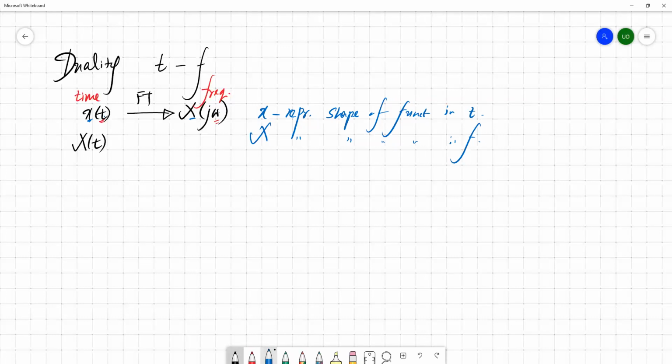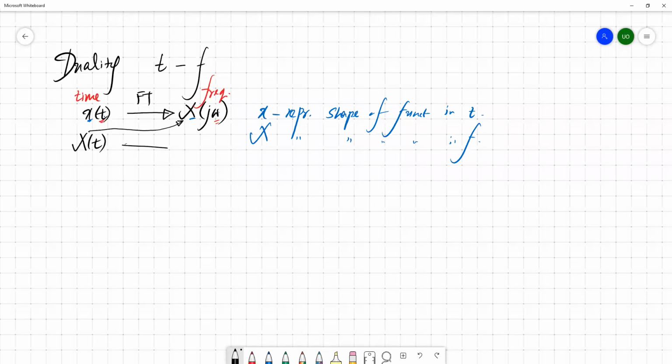Now we have a function in the time domain which is exactly the same as x, exactly the same shape of the function.